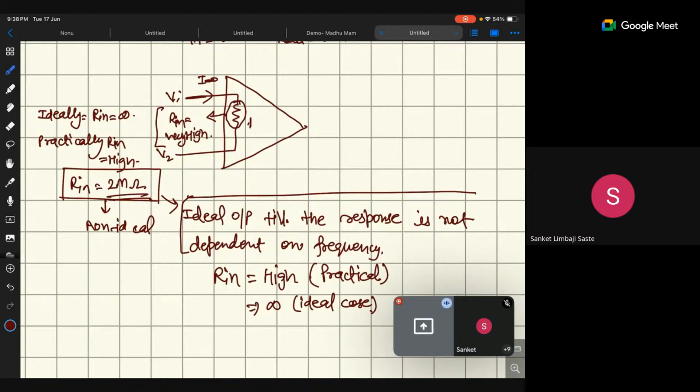Now, this is grounded. This is A times V1 minus V2, and R out. The maximum current is delivered at the output side only in the scenario where R out is equal to 0.